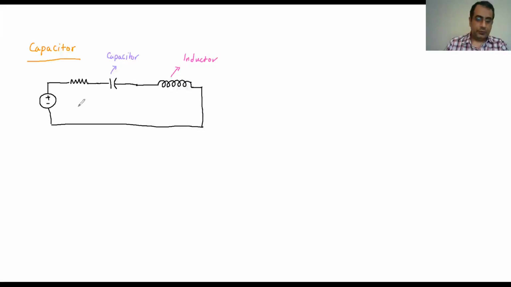Remember, just before I started, we have the sources that provide the energy. It's going to be battery, or the current sources, or whatever source we have. Then we have the resistor here that only use the energy. The only thing the resistor does is use the energy.